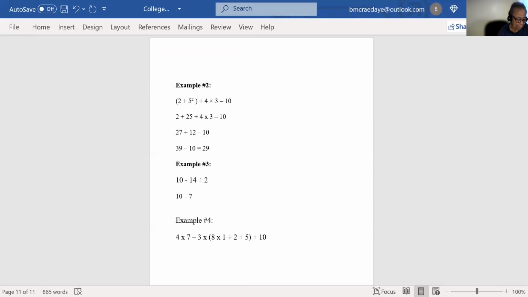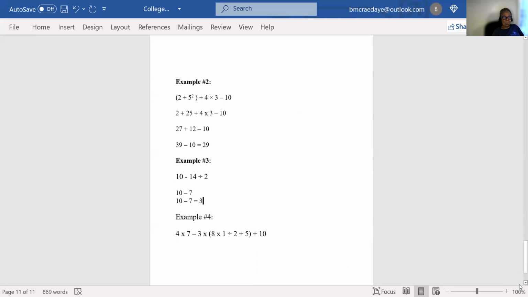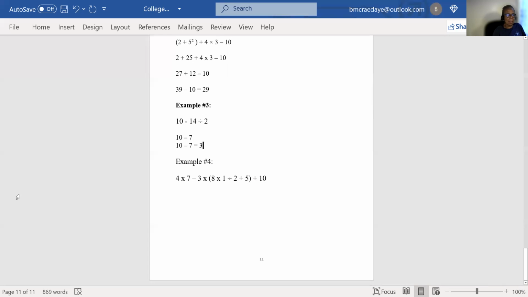So 10 minus 7 equals 3. That's your answer. Do the division first. 14 divided by 2 is 7. Then the subtraction. 10 minus 7 is 3. Okay, let's go to our next problem.